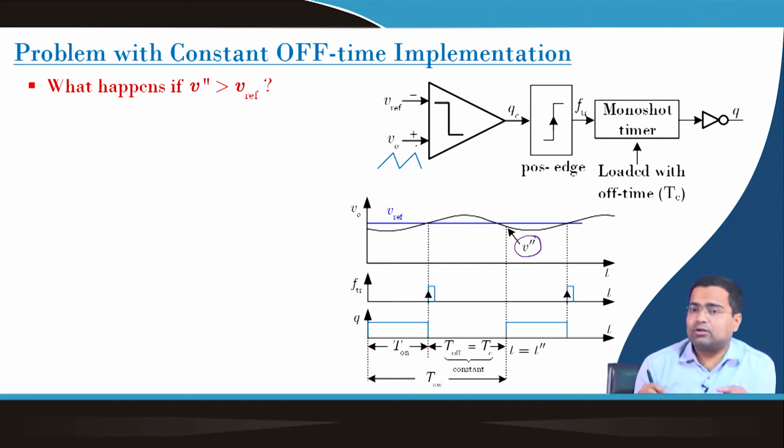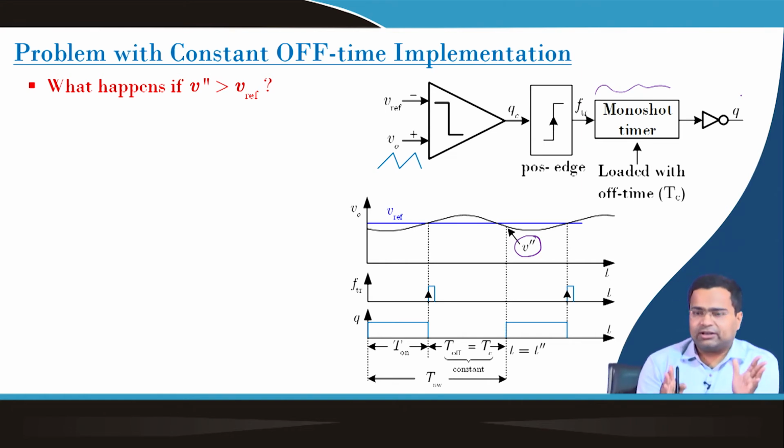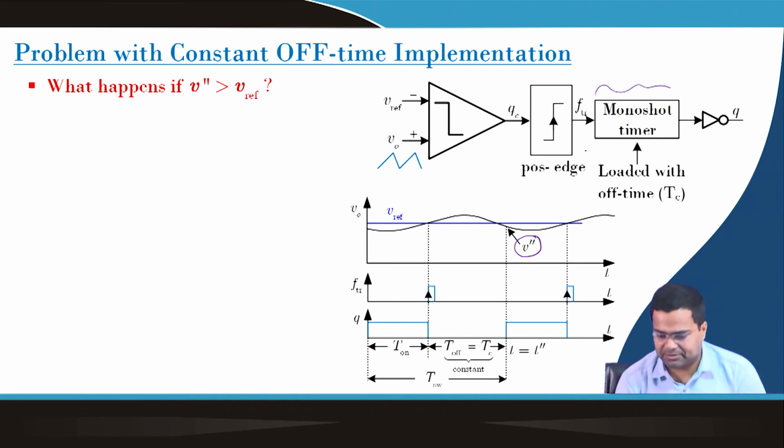After the off time, when the monoshot timer completes its counting, during that time the main switch is off. After it completes counting, the main switch is turned on, and after some time the voltage should build up. But when the output voltage goes above the reference voltage, the comparator becomes high and detects the positive edge, and then again it activates the monoshot timer.